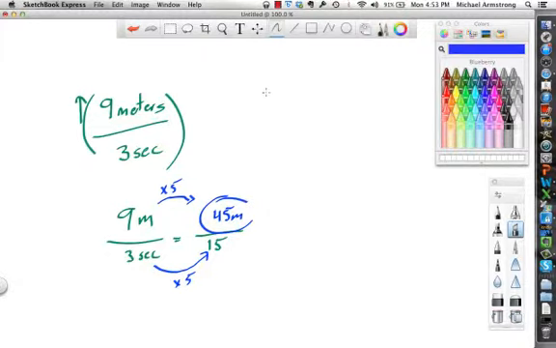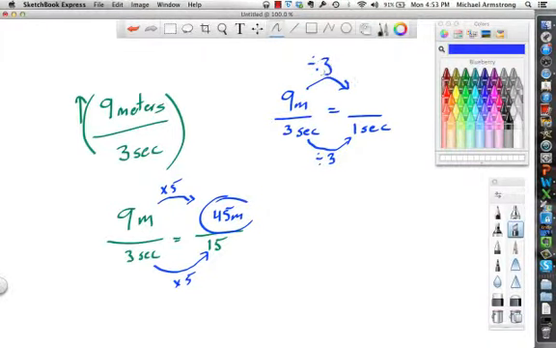They start with this 9 meters in 3 seconds. And they find a unit rate, which is out of 1 second, which is divided by 3. So they divided by 3. And 9 divided by 3 is 3. So it's up 3 meters every 1 second. This is a unit rate.